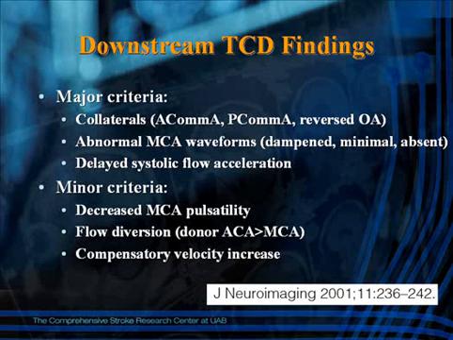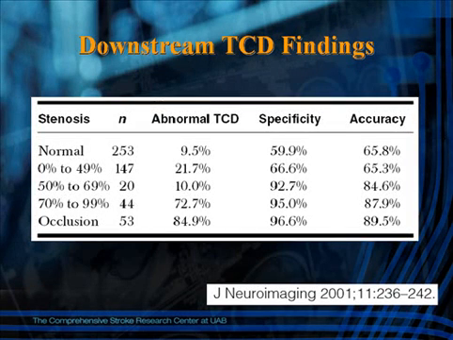So the next slide details major criteria such as collaterals, abnormal MCA waveforms, delayed systolic acceleration, and minor criteria such as decreased MCA pulsatility, some presence of flow diversion, or compensatory velocity increases. If you apply these criteria like we did, the next slide shows the table where percent stenosis was graded by NASCET criteria from normal to occlusion, and percentage of abnormal TCD findings.